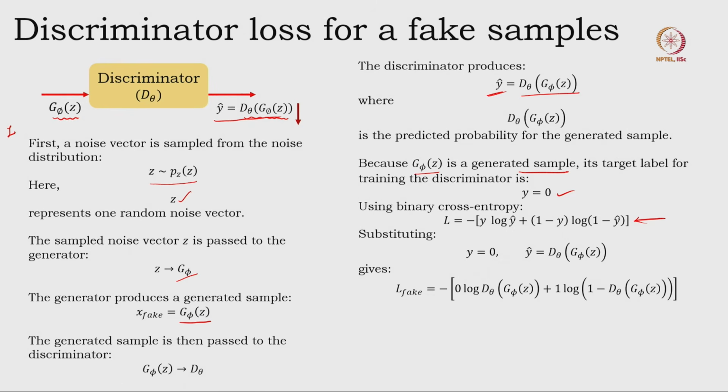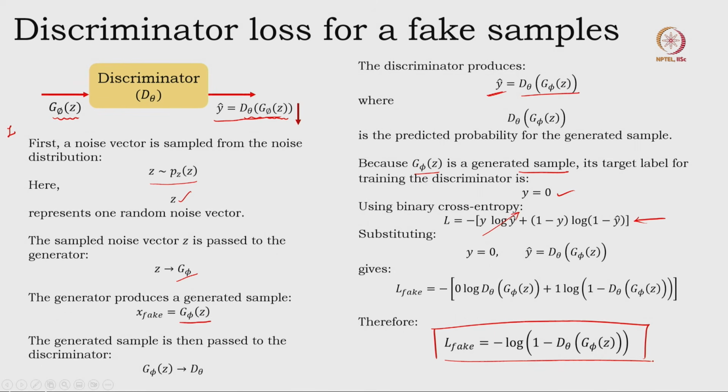Since y equal to 0, the first term is going to be 0. So what are we left with? We are left with this particular term. This is the loss function for a discriminator when the fake samples are given.